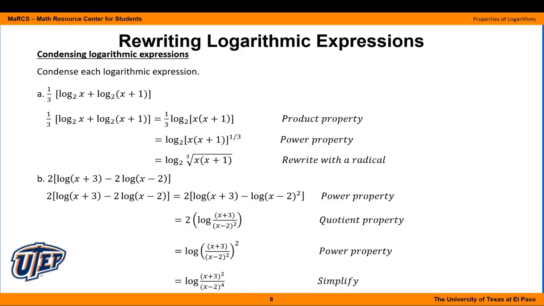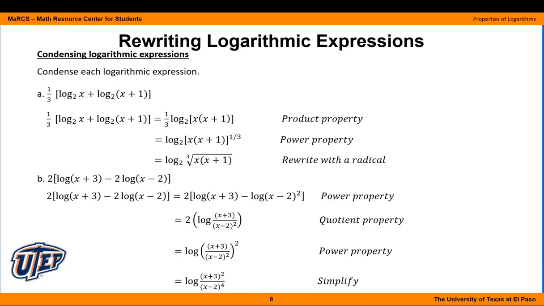Now let's look at part B. We have 2 times the log of x plus 3 minus 2 times the log of x minus 2. We first apply the power property, so we get 2 times the log of x plus 3 minus log of x minus 2 squared. And using the quotient property, we get 2 times the log of x plus 3 over x minus 2 squared.